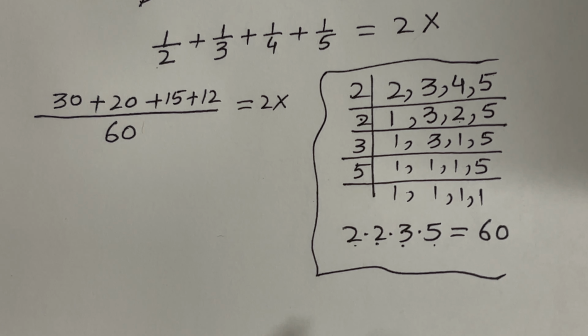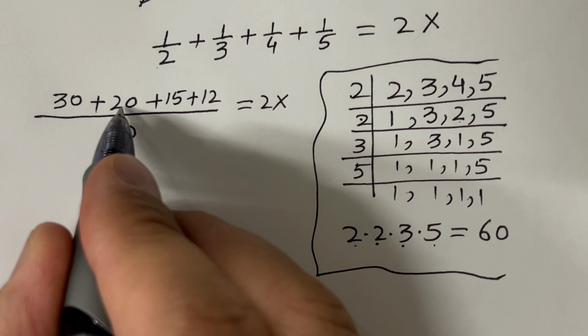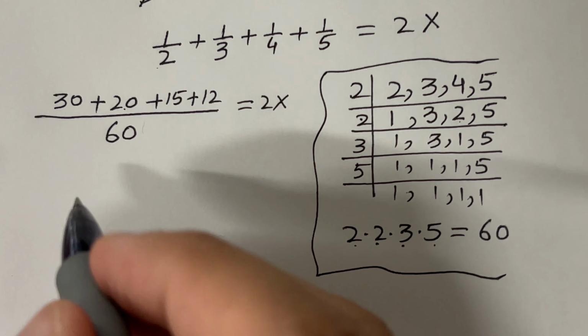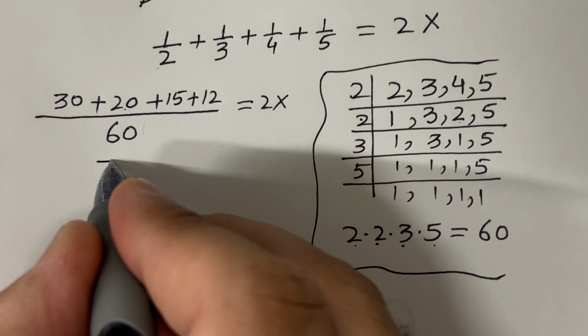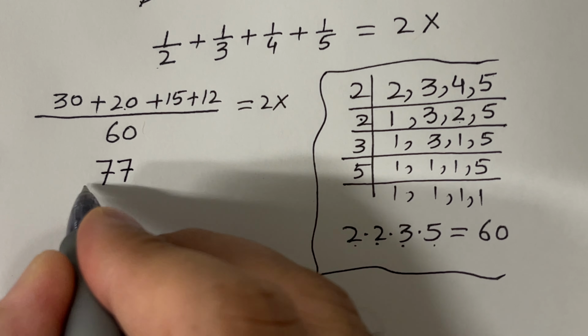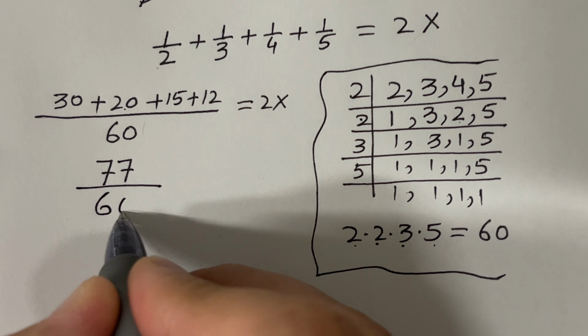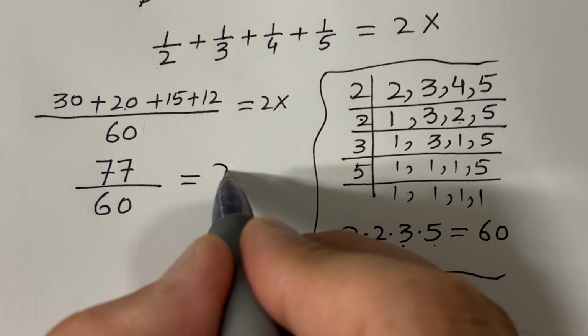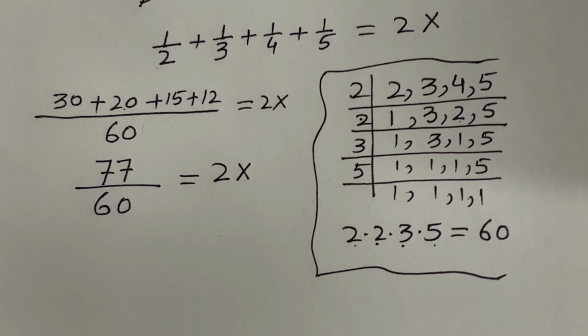Now if you look at the top, 30 plus 20 is 50, and if you add like this, then you will have 77 on top divided by 60, and the right hand side is equal to 2x.